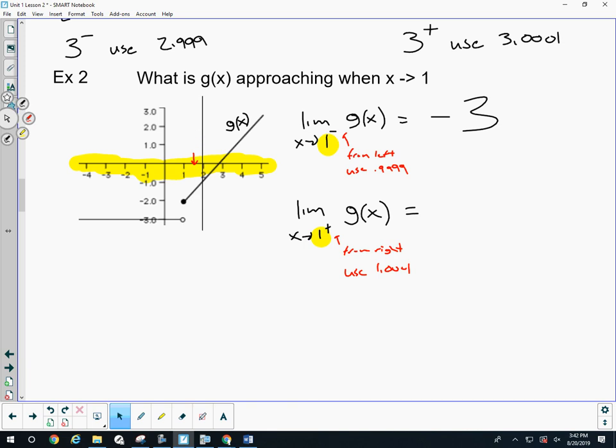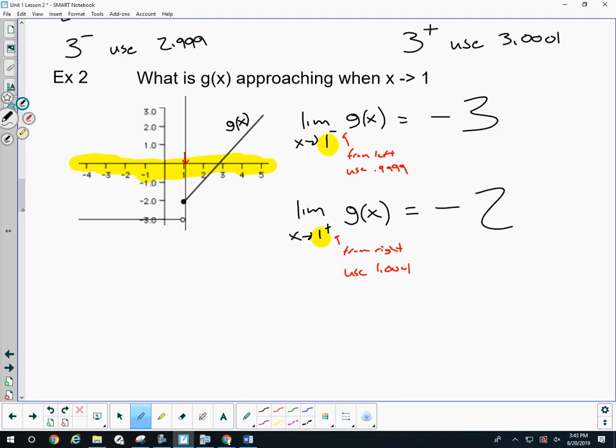As I get closer and closer and closer to 1, so if I'm using 1.001, I'm just to the right of 1, my outputs are still down here on this diagonal line, but they are getting closer and closer to the specific value on the line, the end of my line, -2. So this is why I say that this is -2.